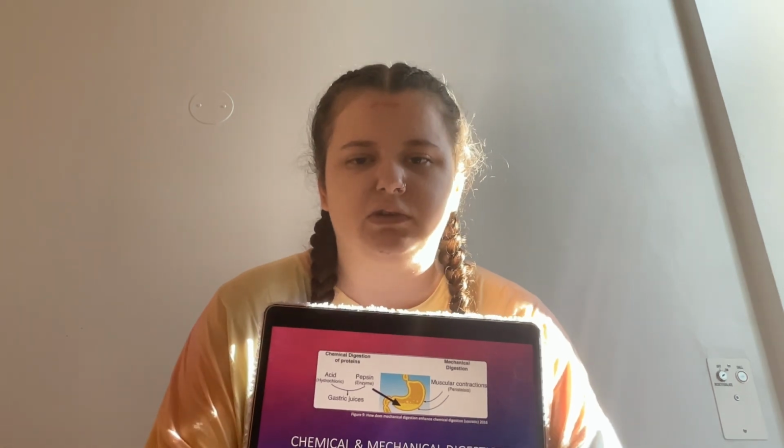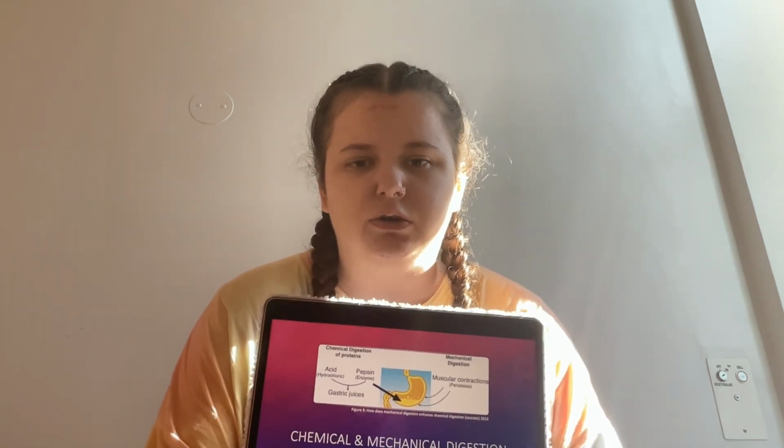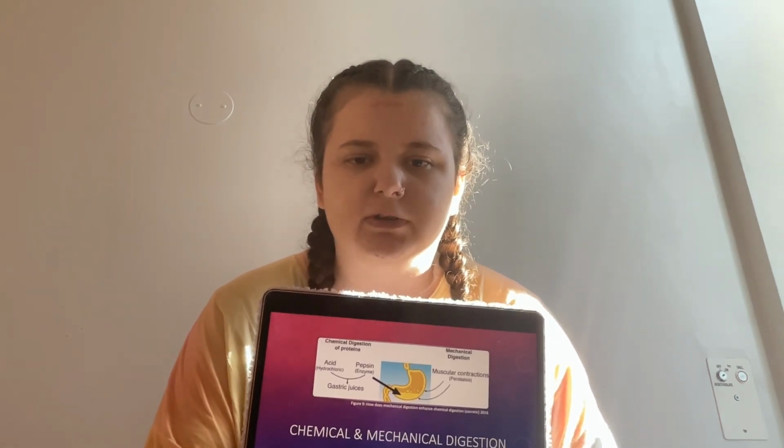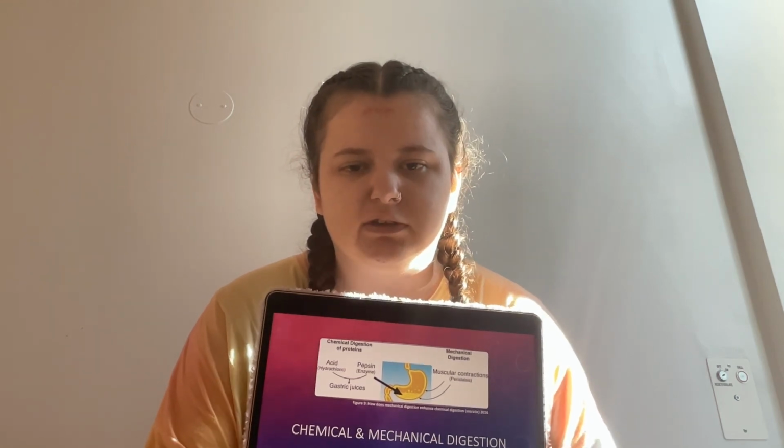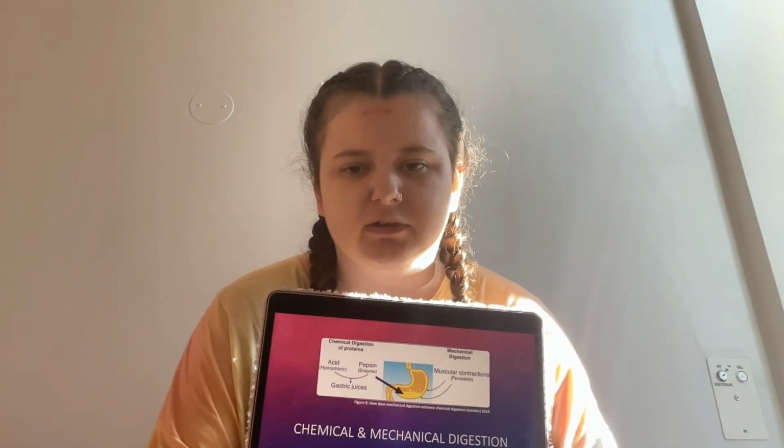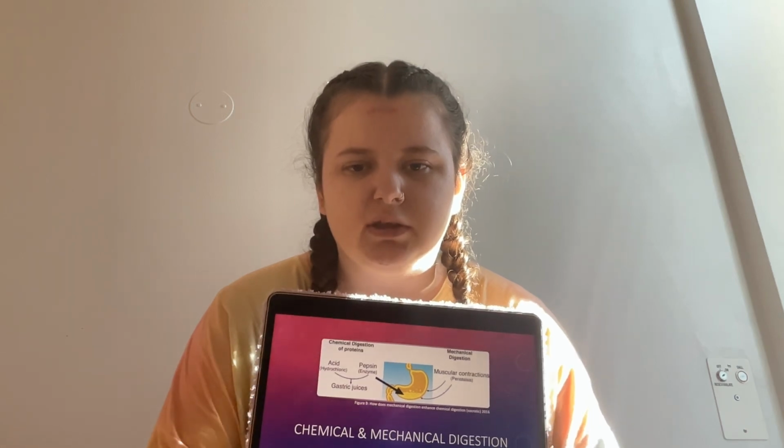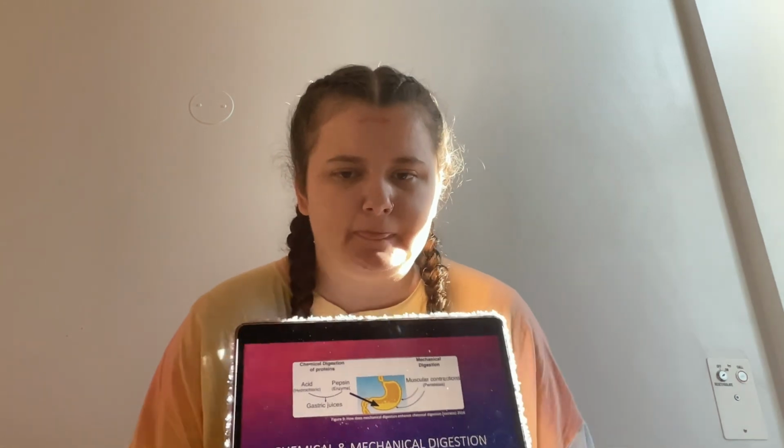This makes it easier to swallow throughout the rest of the GI tract. Pepsin and gastric lipase are released into the stomach. Trypsin, amylase and lipase are released by the pancreas, and lactase and maltase are then released into the small intestine.